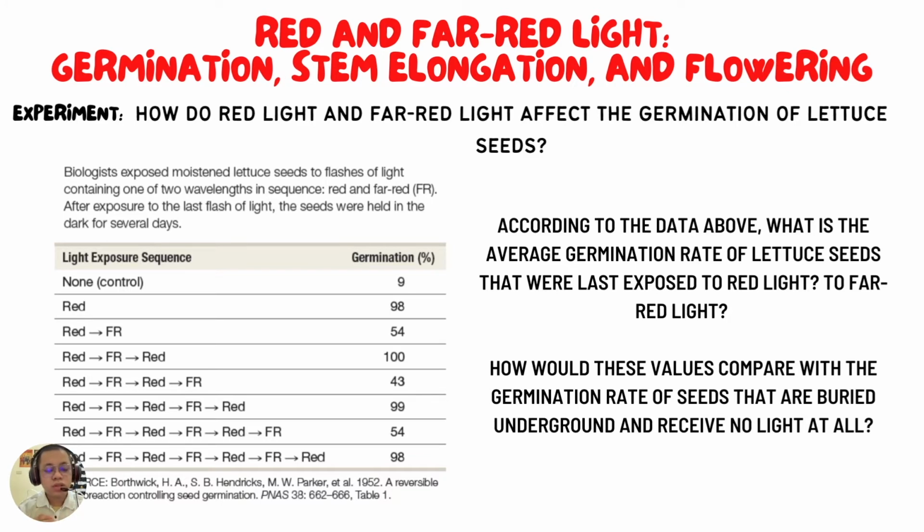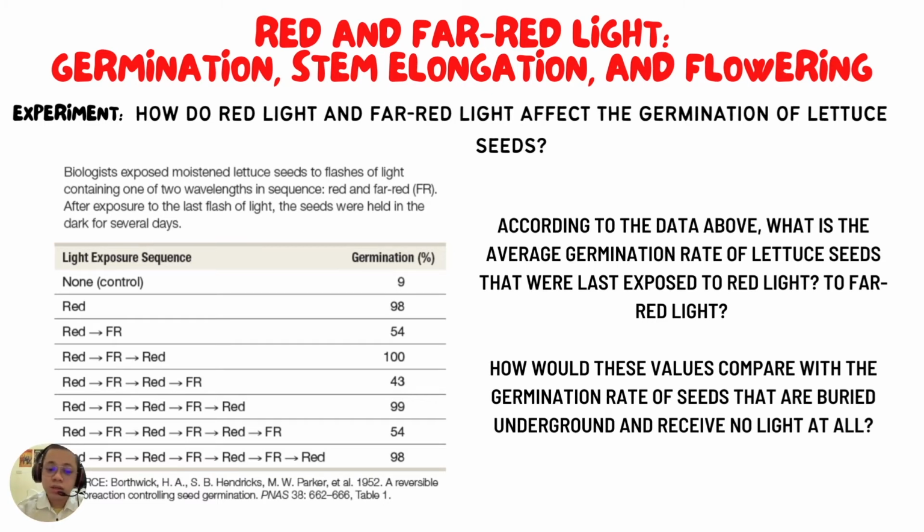They exposed the moistened lettuce seeds to red light, and the germination percentage is 98%, which is quite high. Red and then far red: what happened to the percentage? It becomes 54%. Then red, far red, and then red: the germination is 100%, and so on.